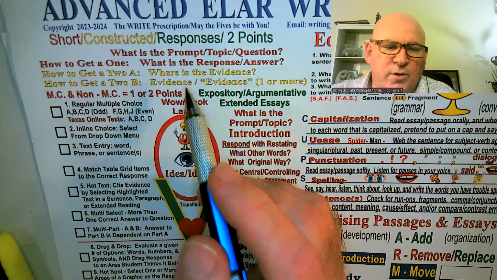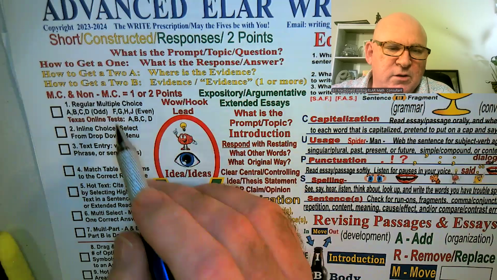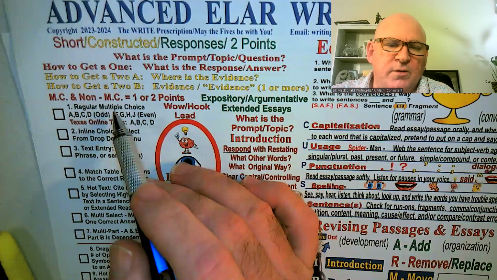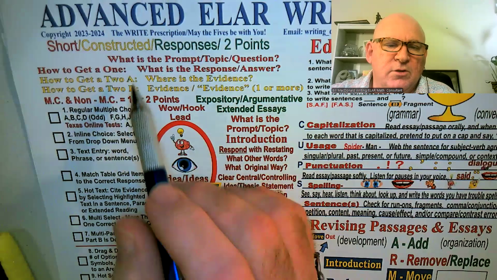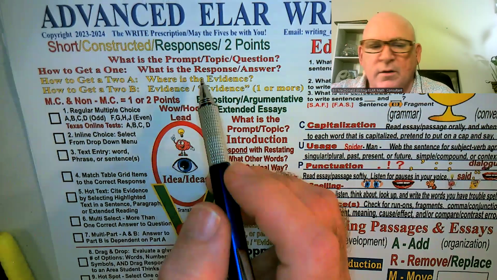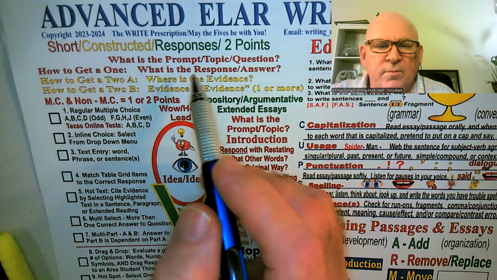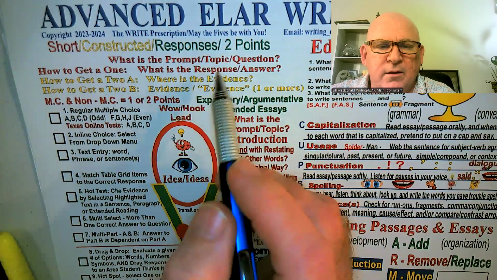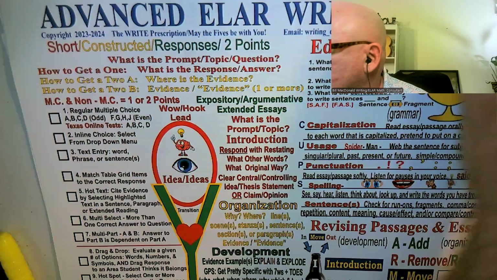It is a 2-point question, but it's not one of these non-multiple choice responses. It's this one here, using what I'm going to call the traffic light colors: the red light, the yellow light, and the green light if you do both.